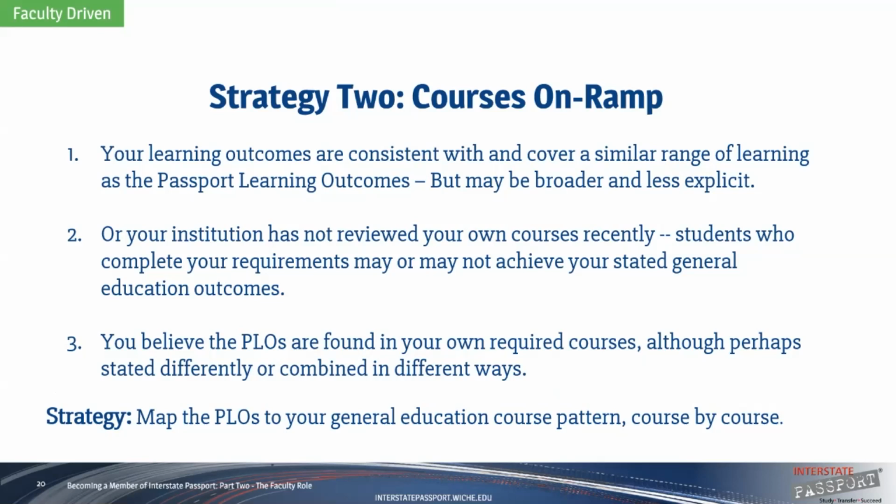Or perhaps your institution has not reviewed your own courses recently, and students who complete your requirements may or may not have had the opportunity to achieve your own stated general education outcomes. This is sometimes the case if you have not done a recent review of your own general education requirements against your approved general education courses.